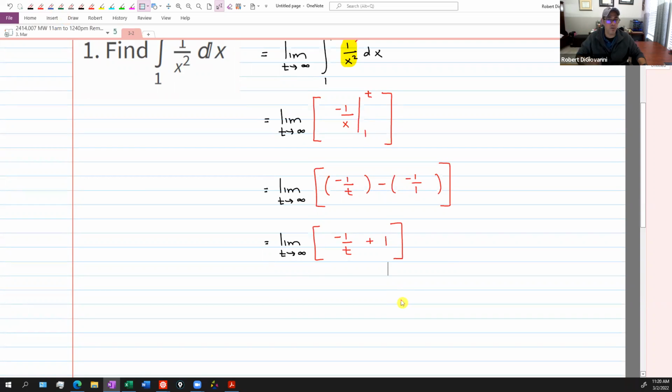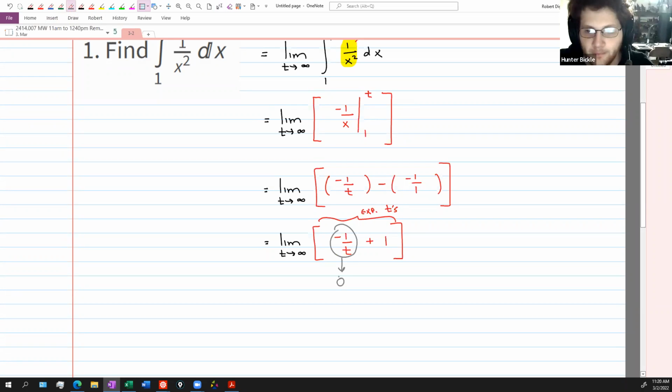Now we let t go to infinity, right? We have an expression, this expression right here, right? This is an expression that has t's in it, right? So I'm going to take the limit now, and I'm going to let t go to infinity. And I hope everybody in here from Cal 1 knows what happens now, right? If you have -1 on top and the bottom gets huge, this thing vanishes and this heads to 0, right?